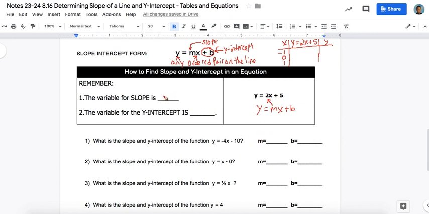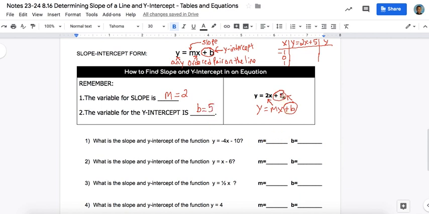So what's the slope here? 2. The variable is m, and we're just going to write down what the slope is. M equals 2. Now the variable for y-intercept is this part here. And this variable is b, and the y-intercept here is 5.